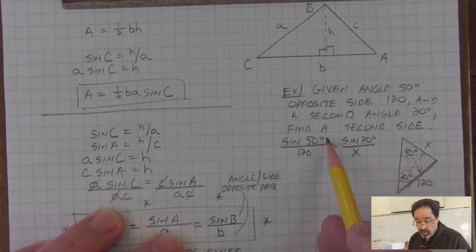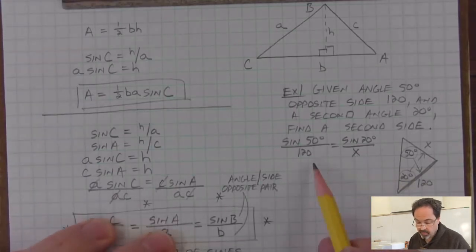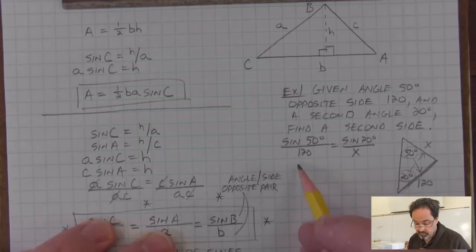I have an equation using law of sines with one unknown, so I can solve for and evaluate that unknown x. I'm going to do that by multiplying both sides by 120 and multiplying both sides by x. So I will get x times the sine of 50 degrees is equal to 120 times the sine of 20 degrees.